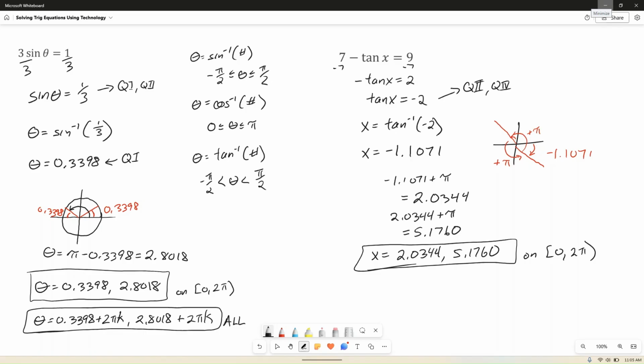Now, if I wanted to express the infinitely many solutions, I only have to take one of those solutions and do a plus pi k. And in fact, I'm not actually going to use either of those. I'm going to use the one that I originally got from doing the inverse tangent, because that's how I got those two, right? So to express my infinitely many solutions, I'm going to say x is equal to a negative 1.1071 plus pi k.